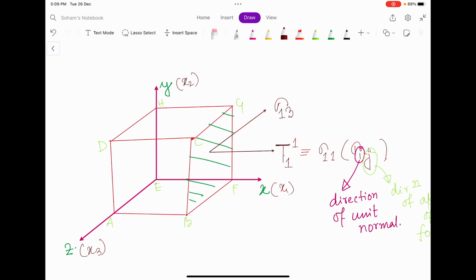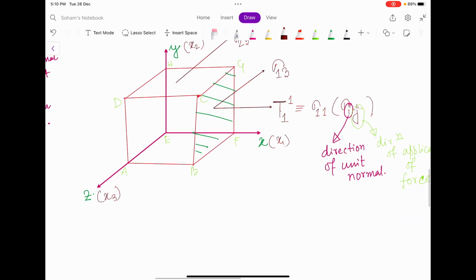Similarly, if I am having something on another surface, maybe I'm having some force on CGHD in this direction. So the surface is having its unit normal towards x2 direction, so it will be 2, and the force is along the 3 direction.